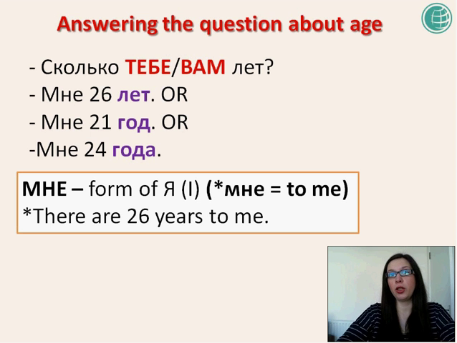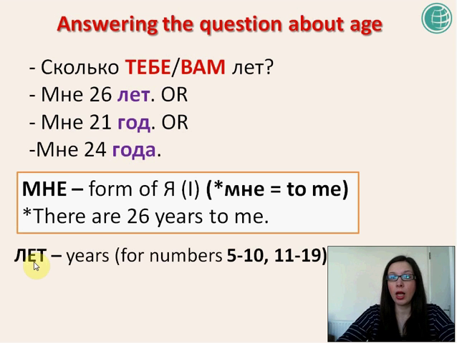And I will now explain when we will use лет, when we will use год, and when года. The word лет, years, we use for numbers from 5 to 10. So when your age finishes with 5, 6, 7, 8, 9, 10. 5, 6, 7, 8, 9, 10 лет.